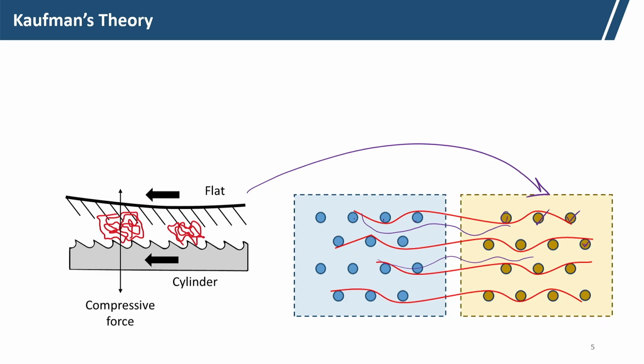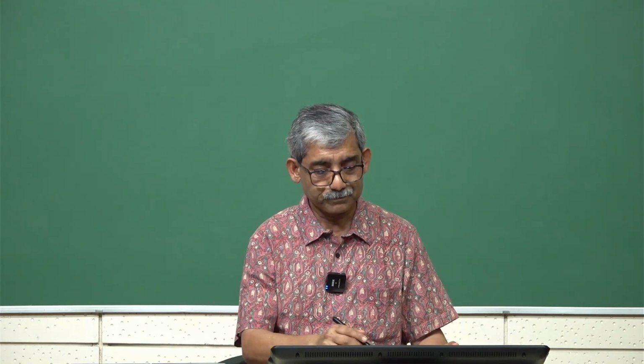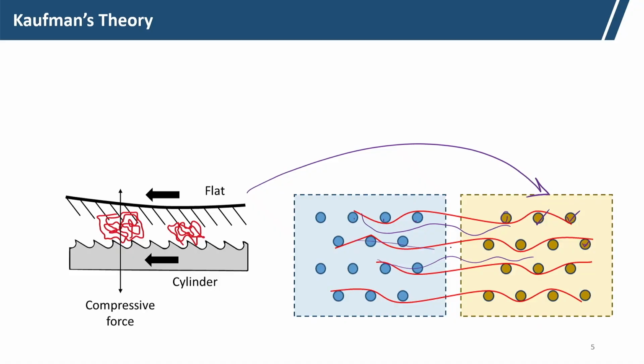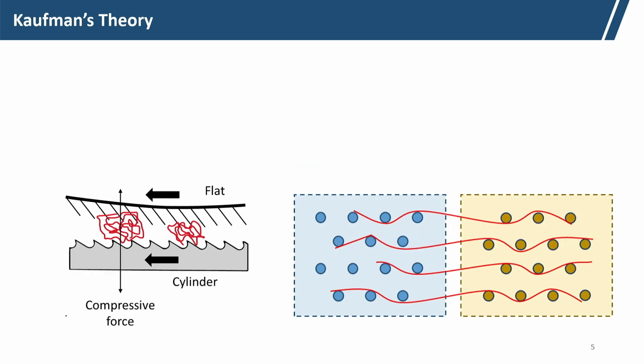If there is a relative motion, these fibers will move through these pins and get straightened and segregated. If there is any cluster formation, suppose this is one fiber and here is another fiber.